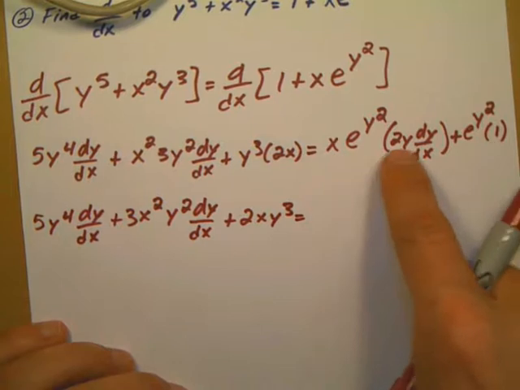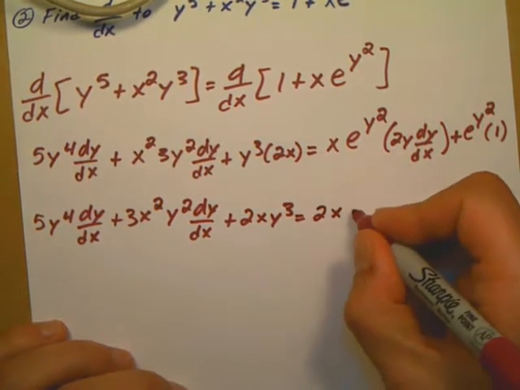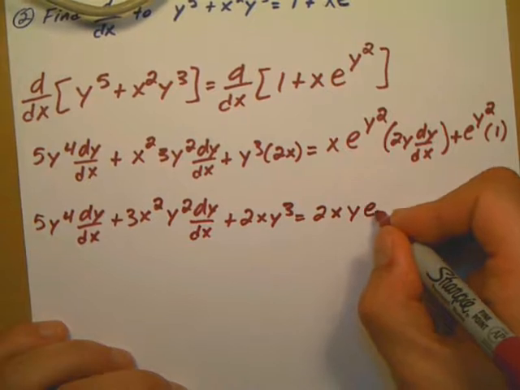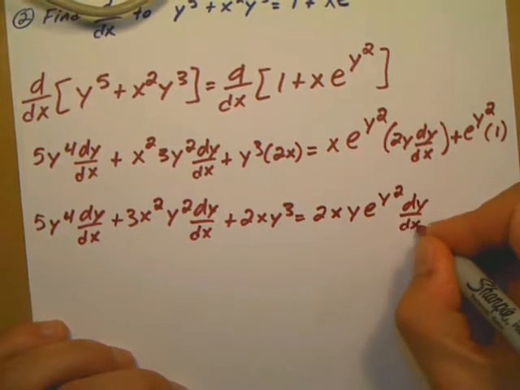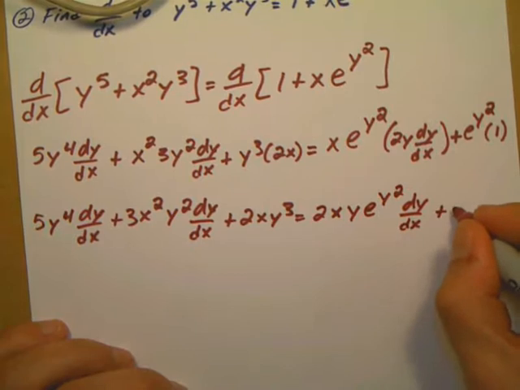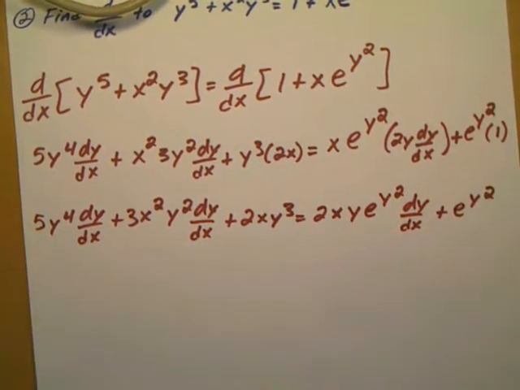And this becomes, I'm multiplying 2y times all of this, so it's going to be 2xy e to the y squared dy/dx plus e to the y squared.